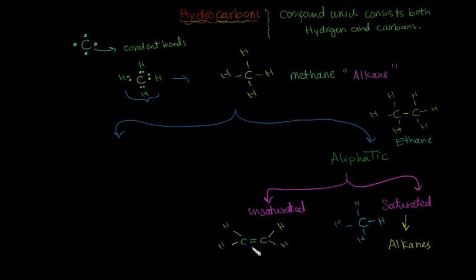If you just notice here that I have a double bond with carbon, so carbon is left with only two hydrogens to associate with, so we can have only two hydrogen bonds here. So this compound, we call it ethene.